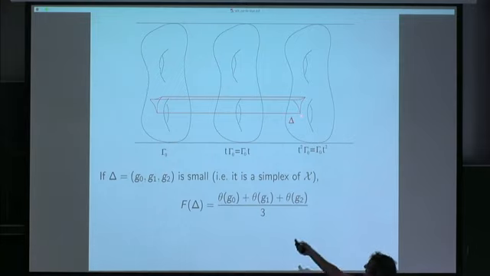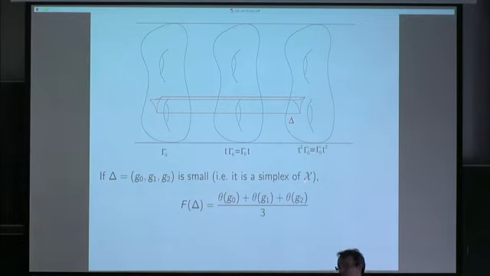Okay, this is our 0 time. If we are at time 2, we declare that every simplex in the Rips complex has area equal to 1. This is a normalization. And then this prism is just 1 times this length, which is basically the average of the theta coordinates of these points. It's a coarse definition of volume of this prism.